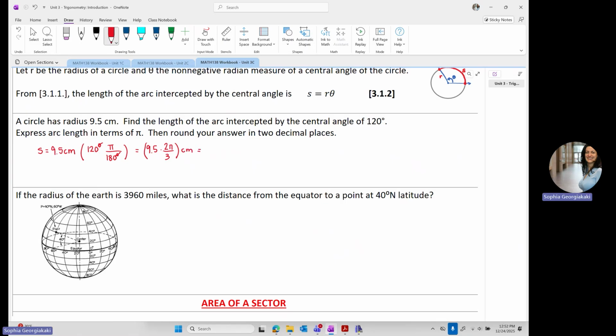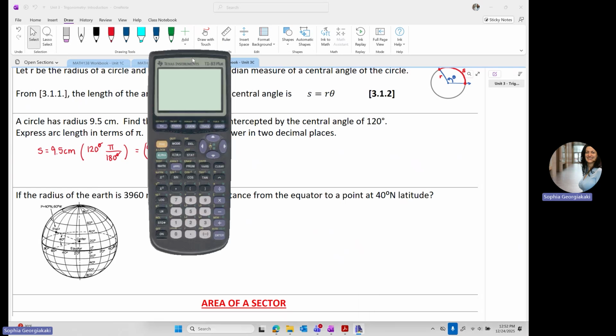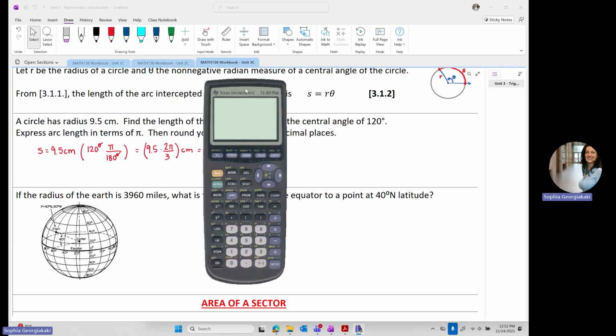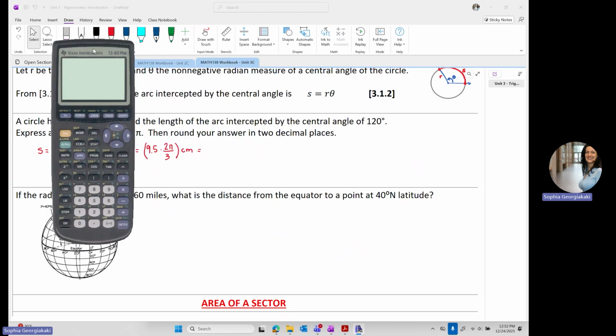The problem asks you to write the exact answer before you round to 2 decimal places. It says express the arc length in terms of pi, then round your answer to 2 decimal places. I want to go in my calculator and do the math with everything but pi. So 9.5 times 2 and divide by 3. This is the answer. I need to convert it to a fraction.